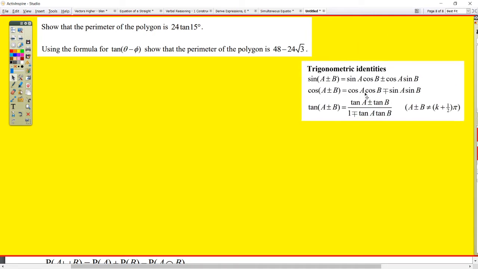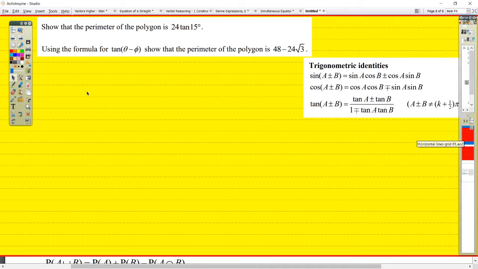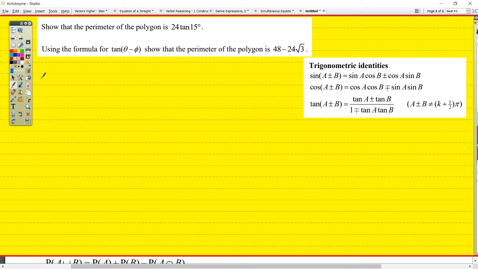So for that tan theta minus the other one, is it meant to be equal to 15? Like what would you put in the bracket?